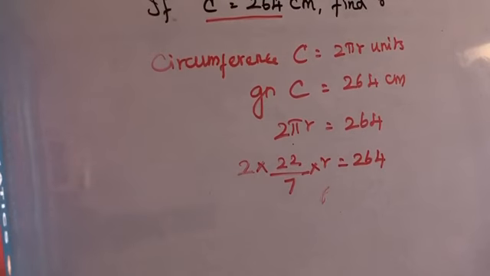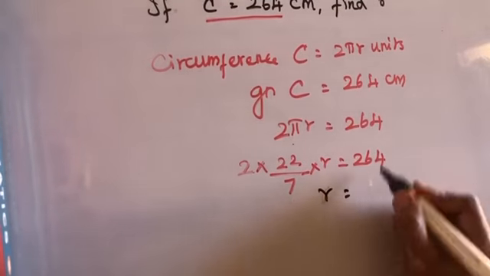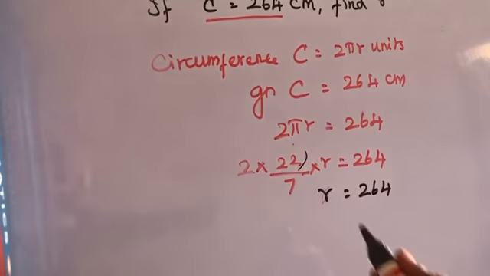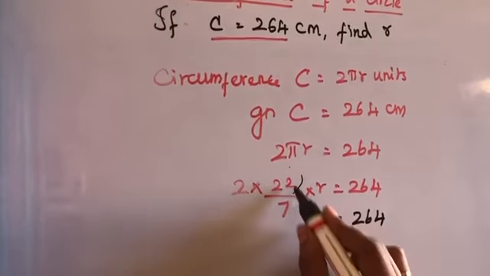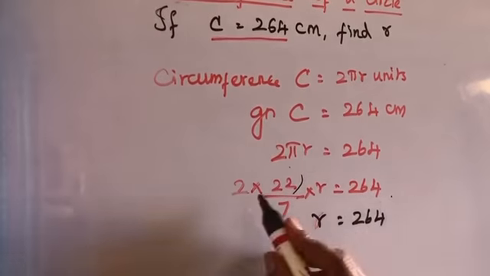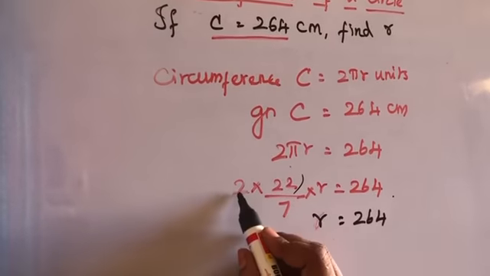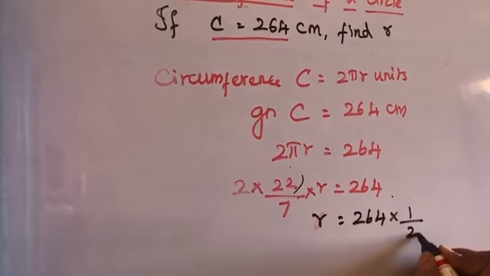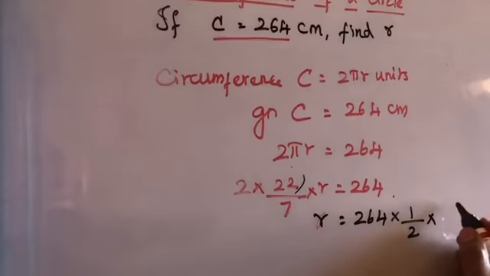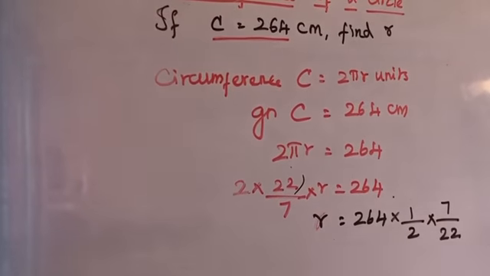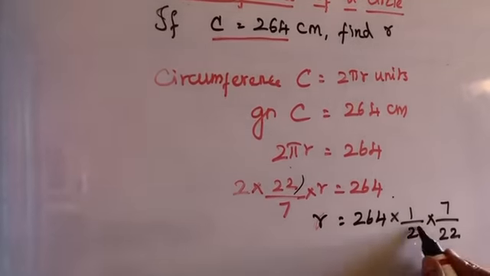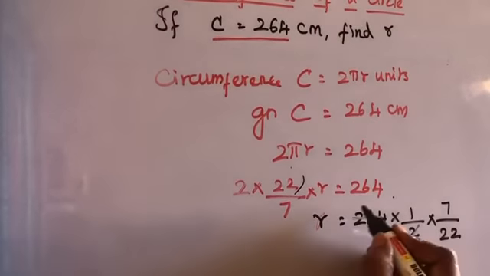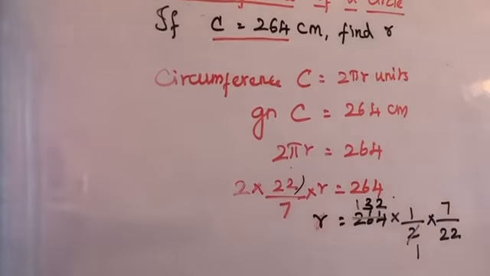We have to find r. So r is equal to 264, and I am going to cross multiply these values. So this 22 by 7 and this 2 will go to the opposite side denominator. Here it is multiplication, so it will be a division. So 2 will go as 1 by 2, and 22 by 7 will go as 7 by 22. Here I am simplifying it. 1 2s are 2, 3 2s are 6 and 2 2s are 4.